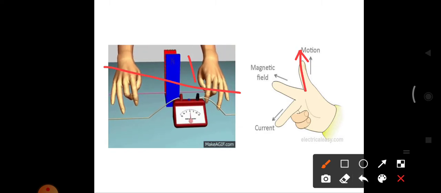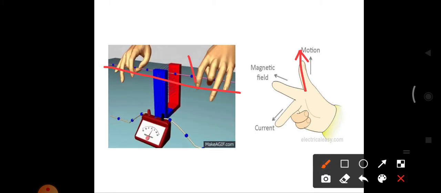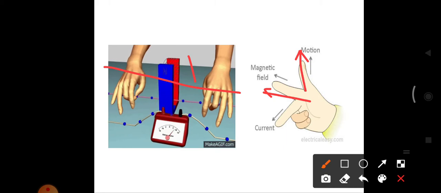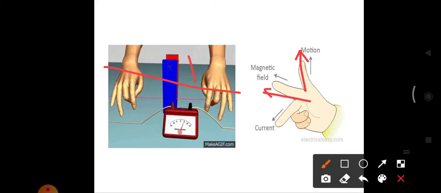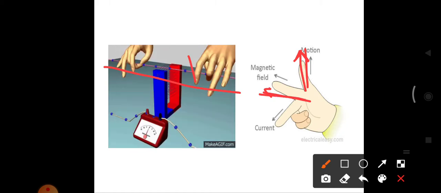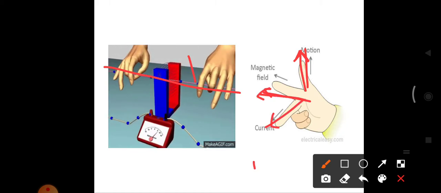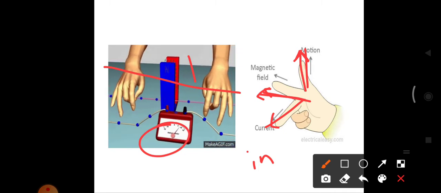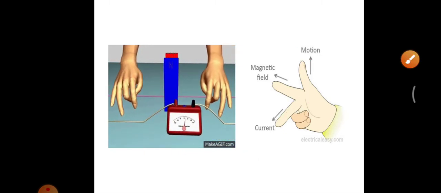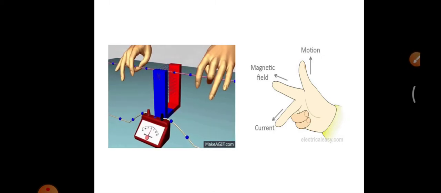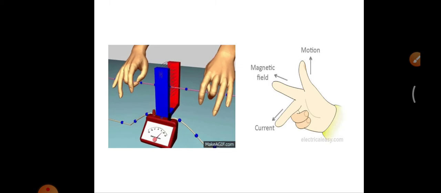So see the magnetic field direction, that is north to south. The forefinger represents the magnetic field direction. So when the thumb represents this direction and the forefinger the magnetic field, the middle finger shows the direction of induced current. Do you understand where you have to use the Fleming right hand rule? You have to use it to find the induced current.